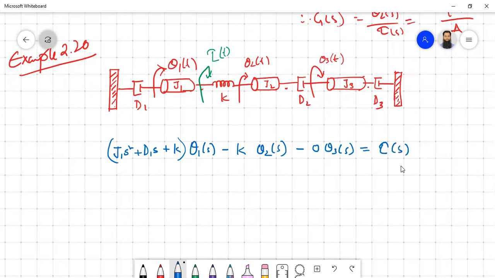For equation 2, what is common between 1 and 2 is basically the k, so minus k theta 1(s).